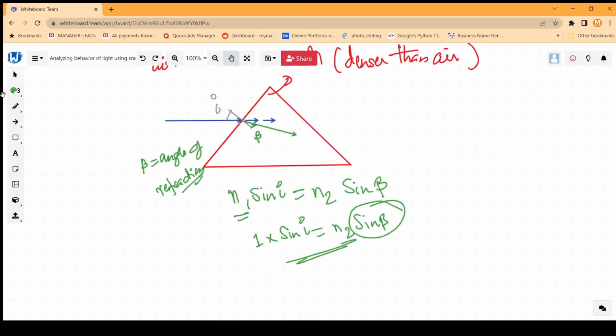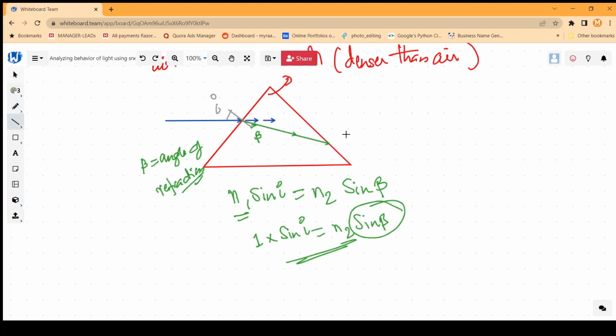So to extend this concept, let's look at what will happen to this light ray when it goes from here to here like this, and eventually it's going to hit the glass again somewhere around here. Again, it's very simple. We are going to draw our normal first.